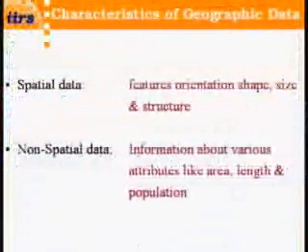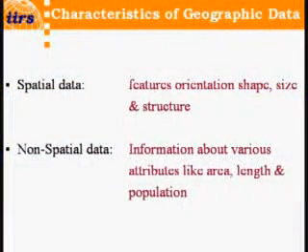Now, if you see, there are two characteristics of geographical data. One is spatial data, where you talk about feature orientation, shape, size, and the other is non-spatial data, which means any qualitative information you are attributing to the spatial data. So these are the two types of data which are supposed to be the characteristics of spatial data.